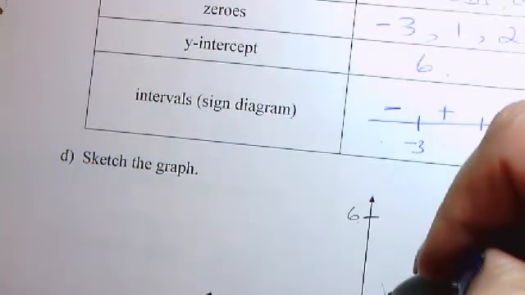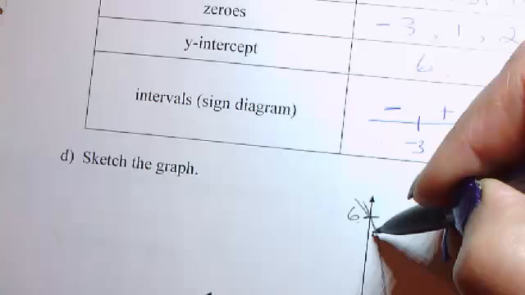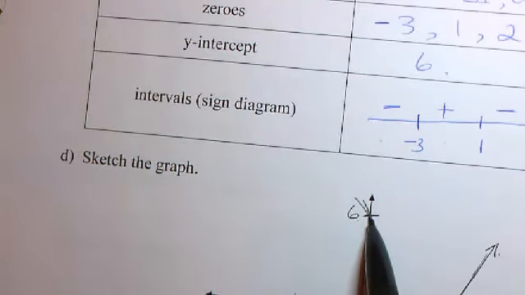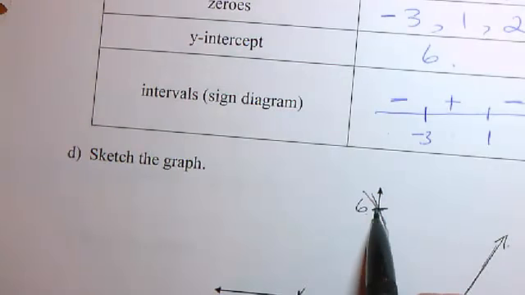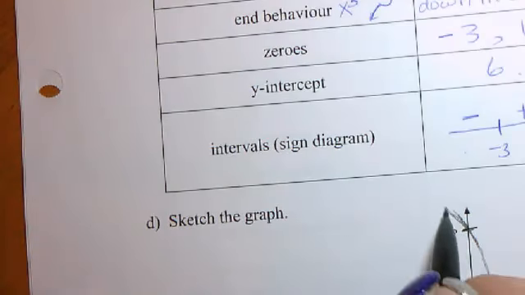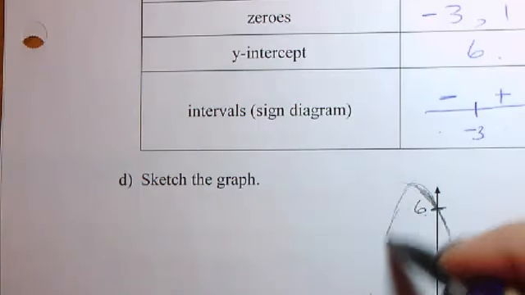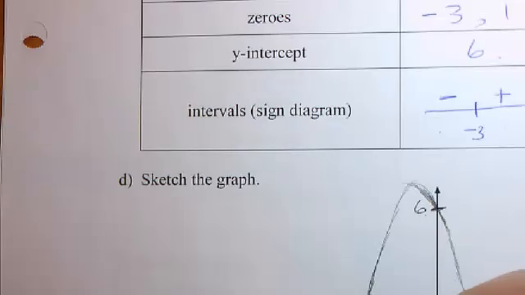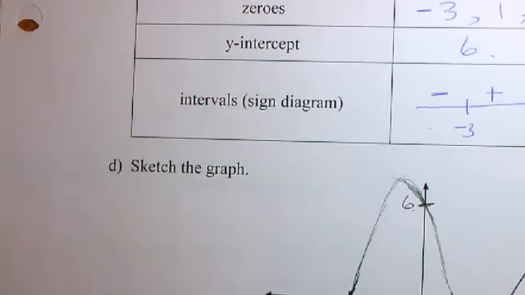Then I'm going to go up and curve and cross through my y-intercept. Now, I don't know how far between this point and this point my maximum is. This y-intercept is most likely not the maximum. So you want to go up from there, come back down, and then cross through this root over here.